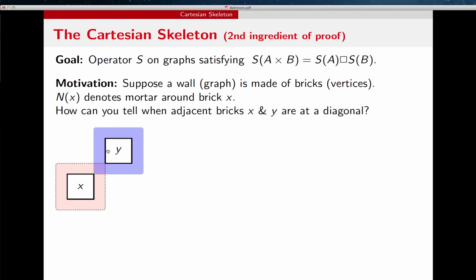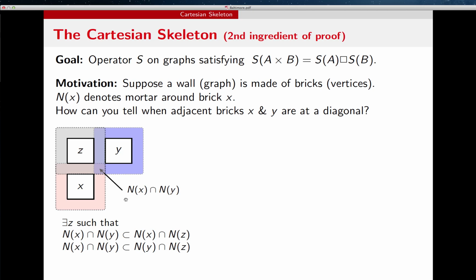Is there an intrinsic way that we could identify that without really looking at the orientation of up or down, sort of like the product? We can, and the trick is to look at the neighborhood of x intersected with the neighborhood of y, this area right here. You think about that maybe as a little intersection of mortar between the bricks. And x and y are at a diagonal, notice, if there's another brick z such that the neighborhood of x intersect the neighborhood of y is properly contained in the neighborhood of x intersect the neighborhood of z, which is this region here.